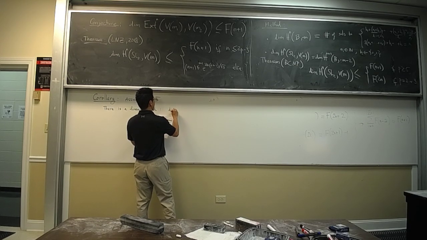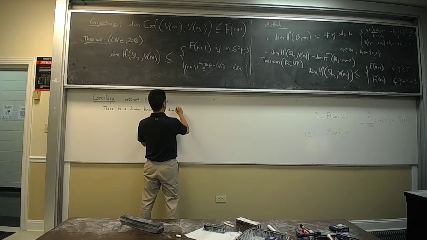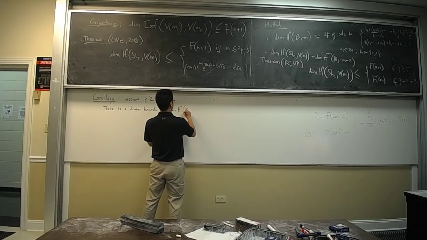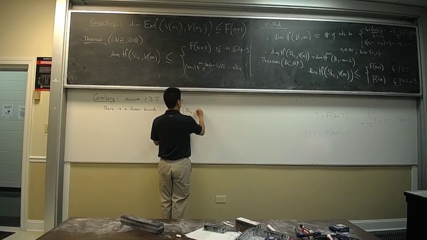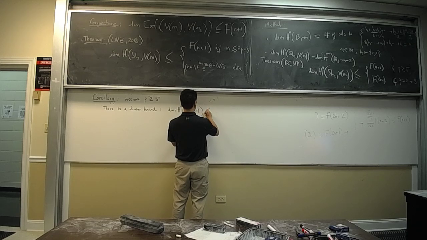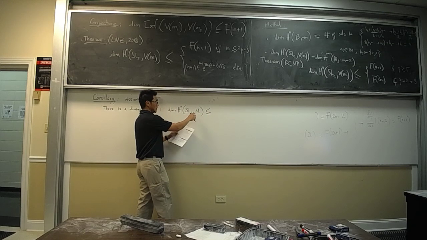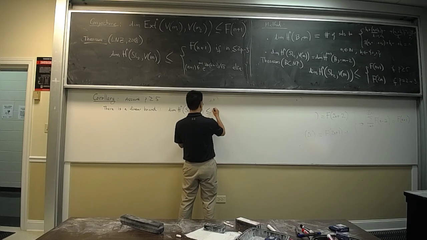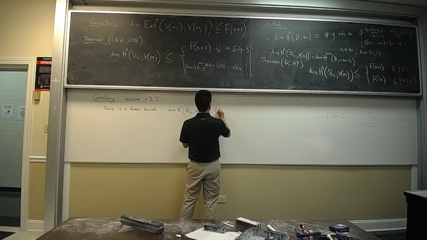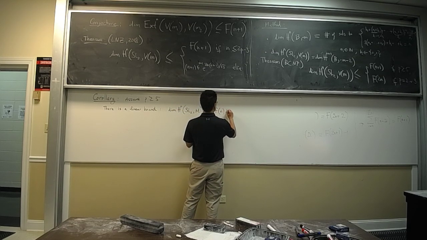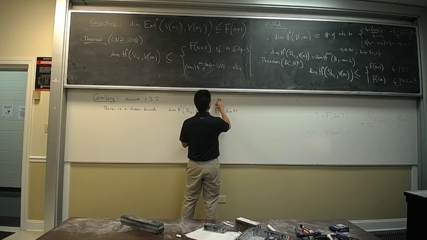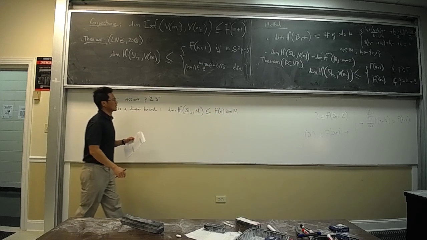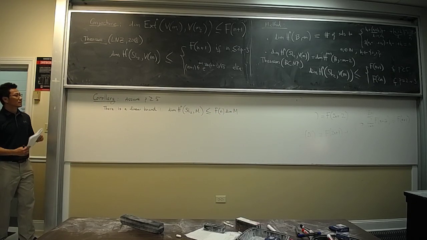The dimension of the SL2 cohomology with any module M over SL2 will be less than or equal to n times the dimension of M. Alright, this is a linear bound.